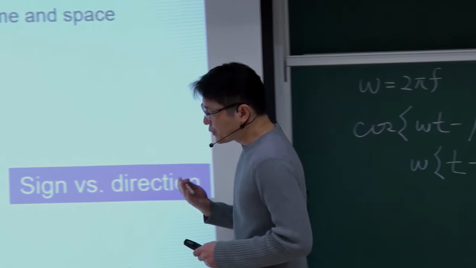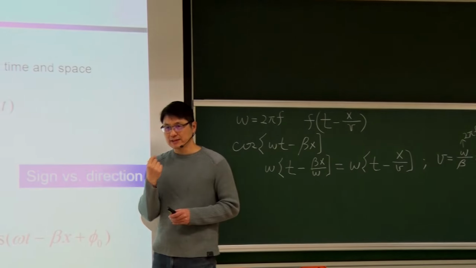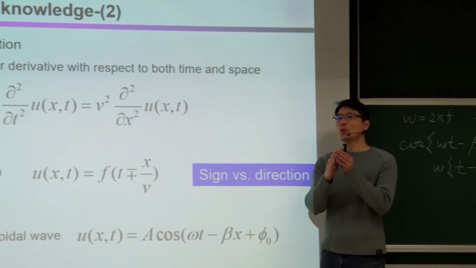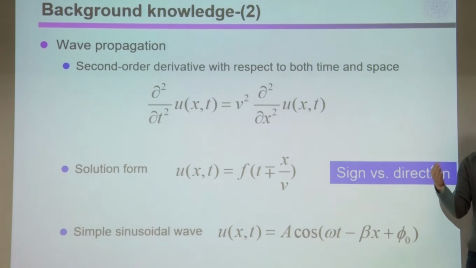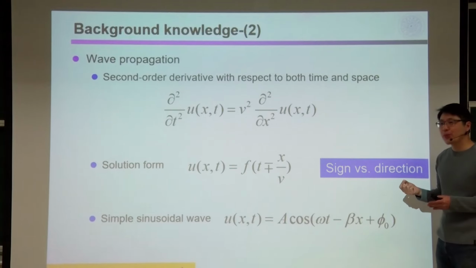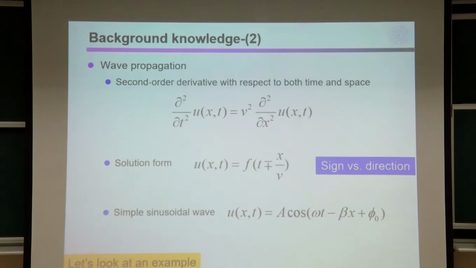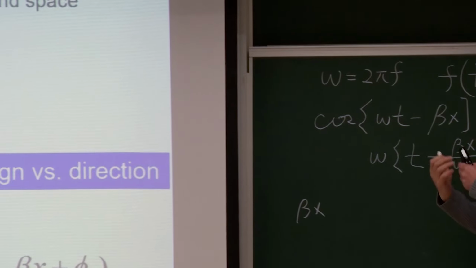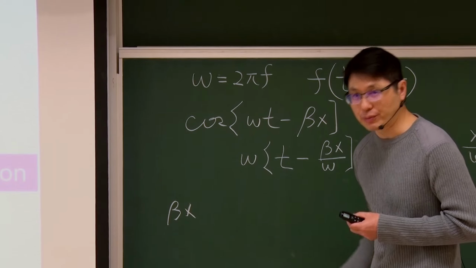So another way to appreciate beta times x is we know that for a wave to propagate for 1 exact period, which is called the wavelength, you acquire 360 degrees. So beta x is nothing more than a phase accumulation in the spatial domain.